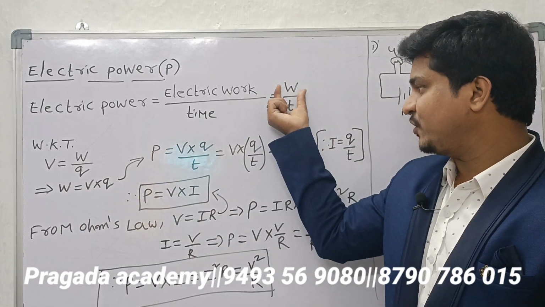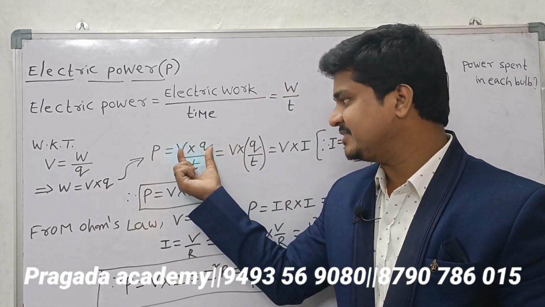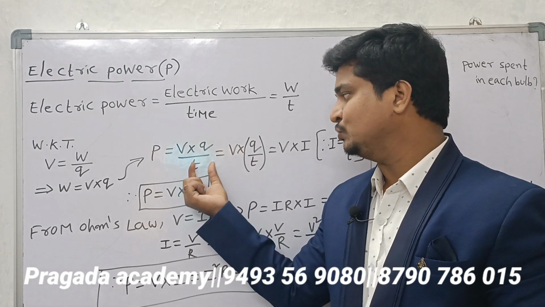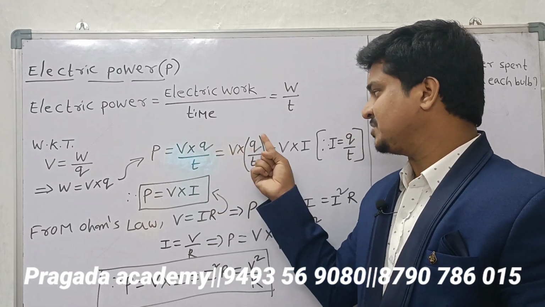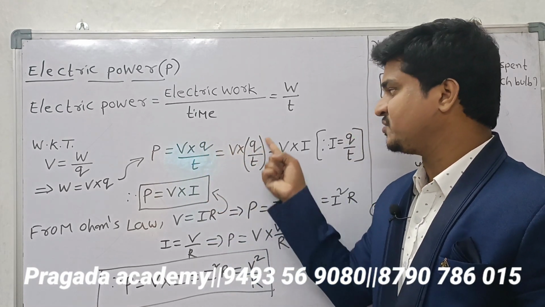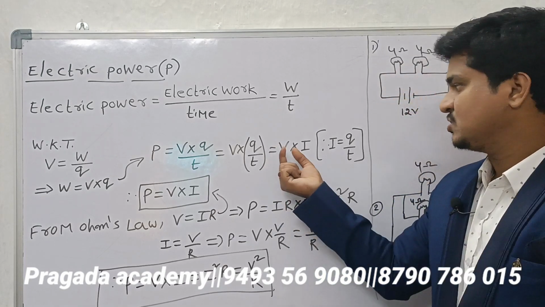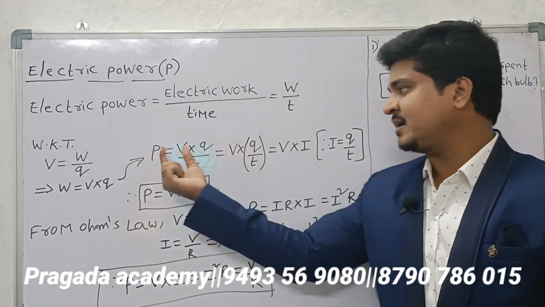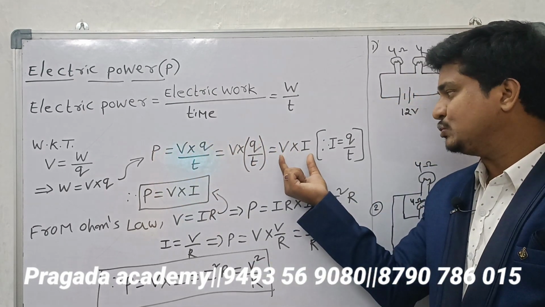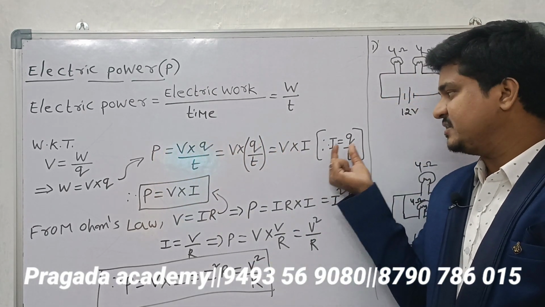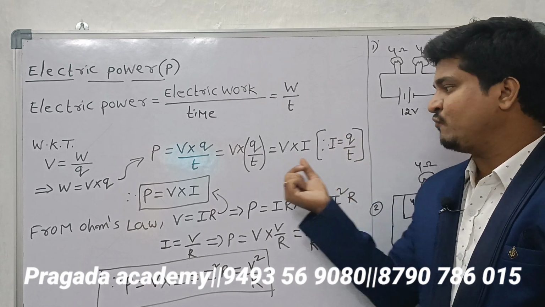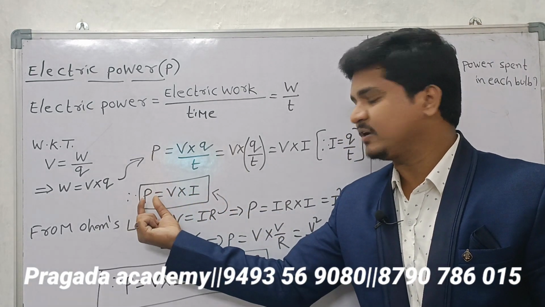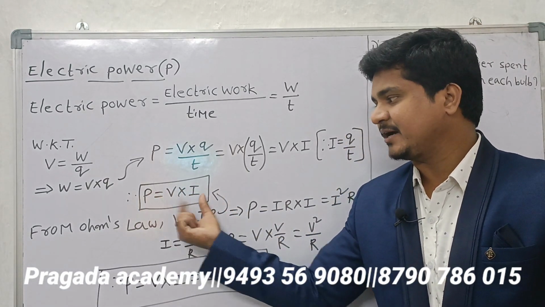In the place of work done, you replace voltage into charge, V into Q by T. So V into charge by time. The rate of flow of charge is nothing but current. So in the place of Q by T, you replace I. So you will get the electric power formula, voltage into current. So I is equal to Q by T. So what formula did we get? Electric power is equal to voltage into current.